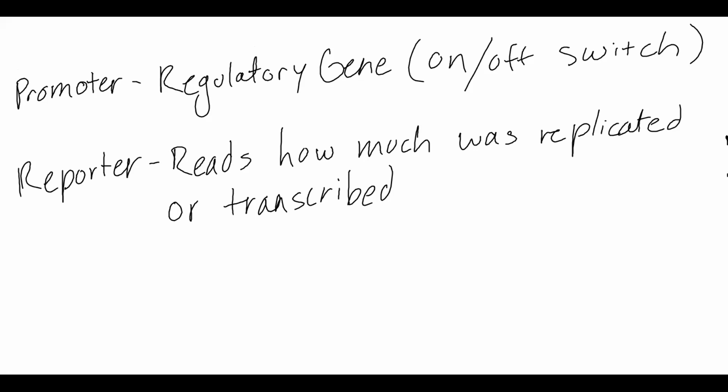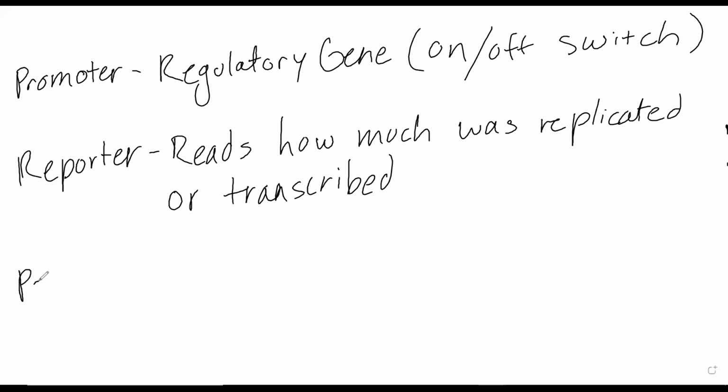The next thing we need to talk about is the period gene. Now, when we're talking about the period gene, the thing you want to think about is time. How often a specific gene is replicated depends on the period gene.